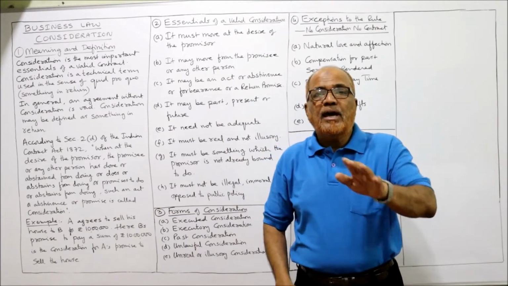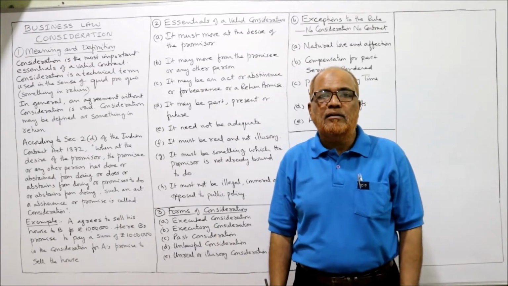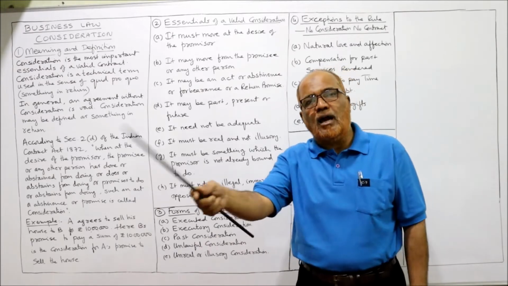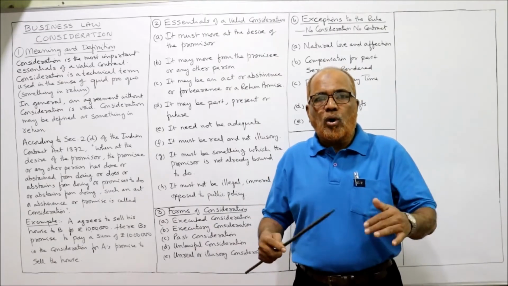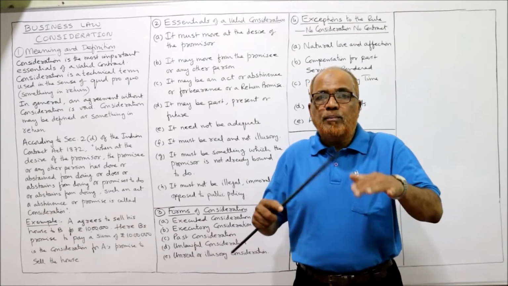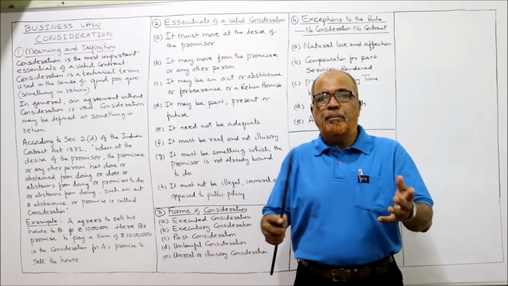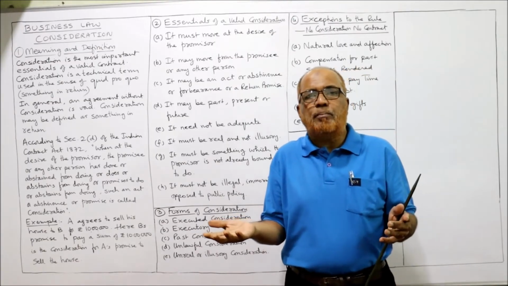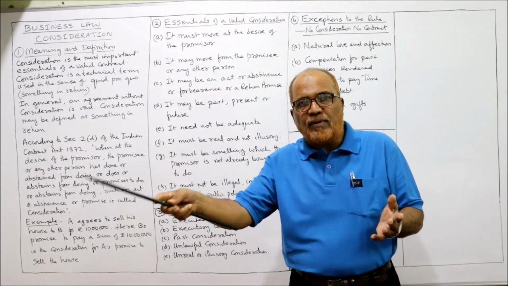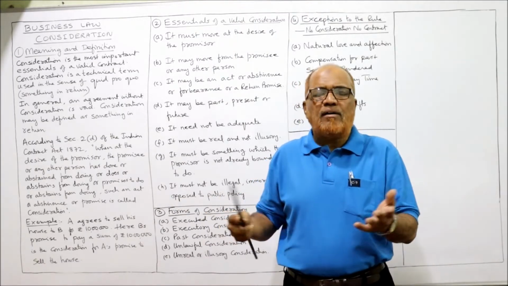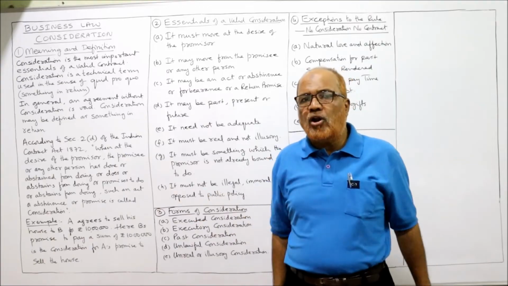Later on, B has not paid. The daughter has not paid any amount to C. C approached a court of law. B says there is no consideration passing from C to B. So B says there is no consideration, so I will not pay.